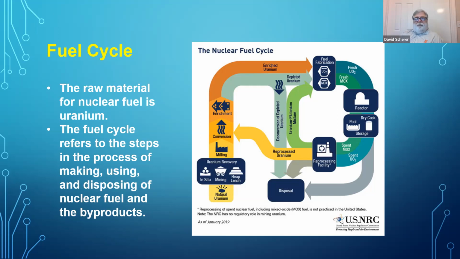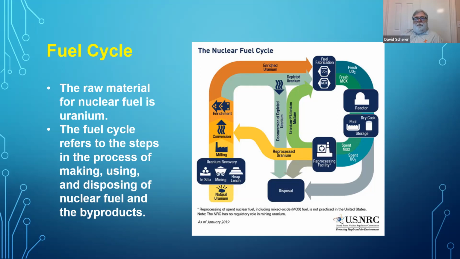Now, natural uranium in the soil is about 0.7% U-235. It is enriched for reactor fuel, I believe 3 to 5%, less than 10%, but 3 to 5% is common. It can be enriched much higher than that for military applications.